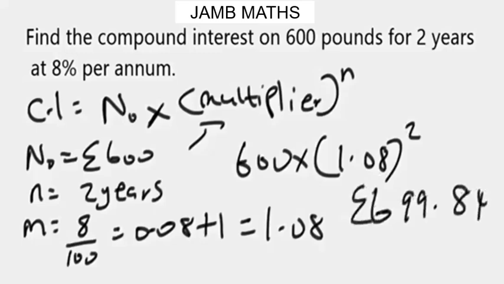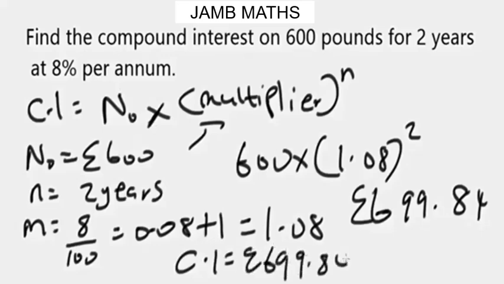you're going to have 699.84 pounds. Now compound interest will be this amount minus the principal, or the initial amount, which is £600.